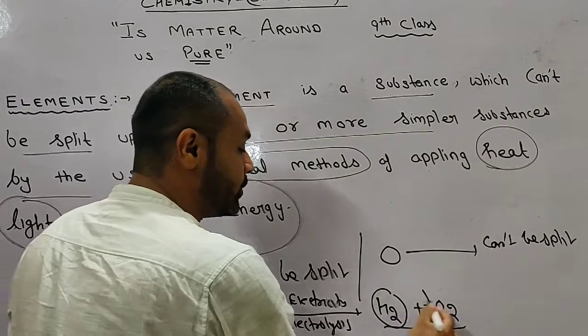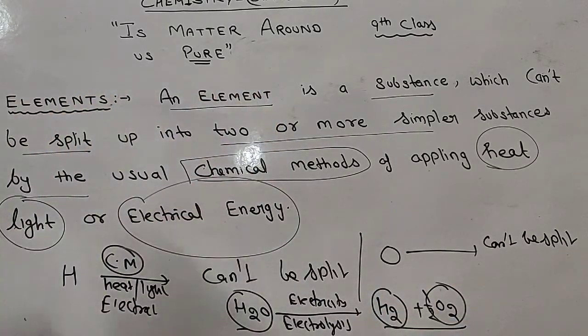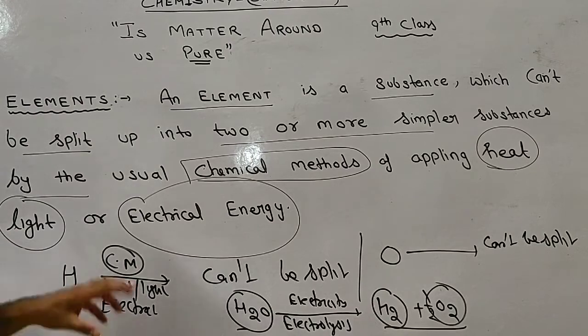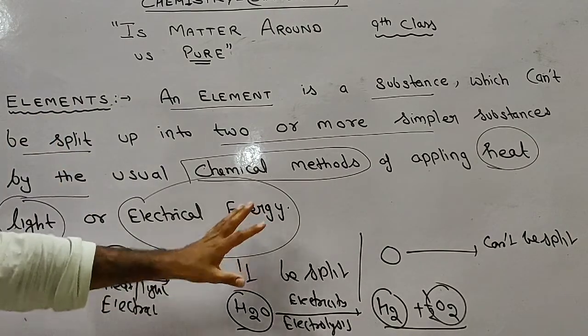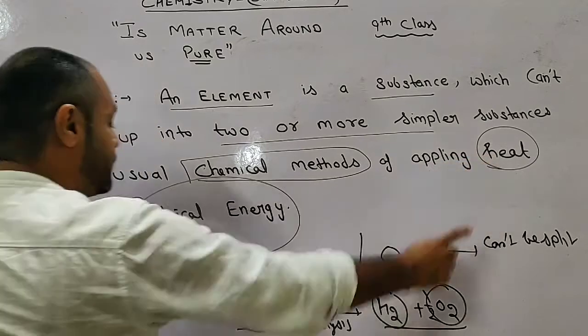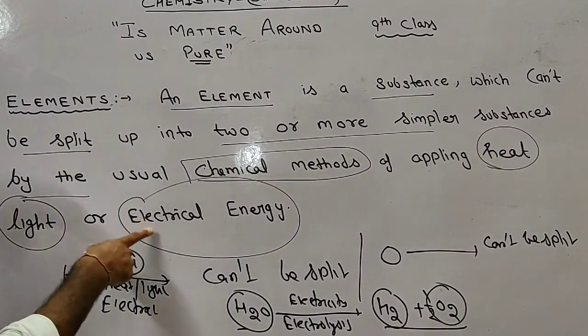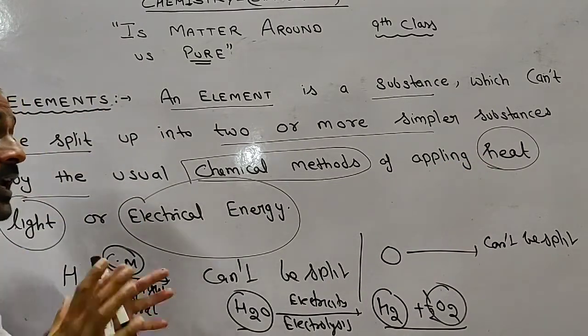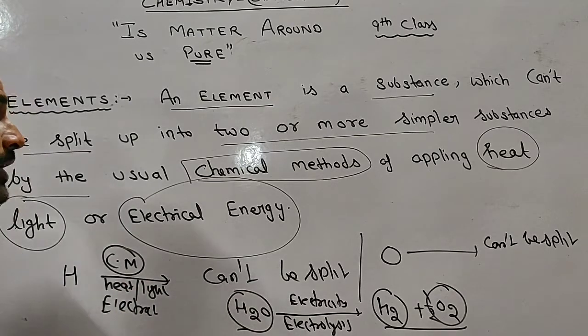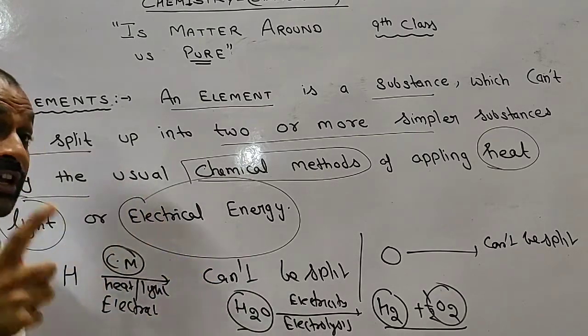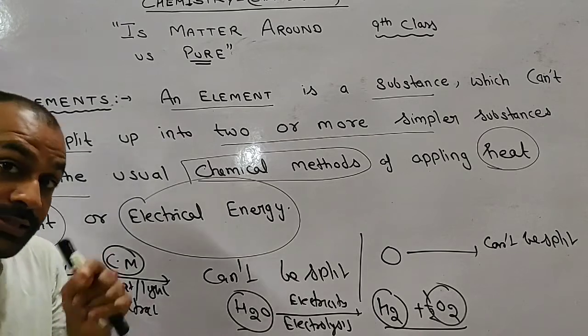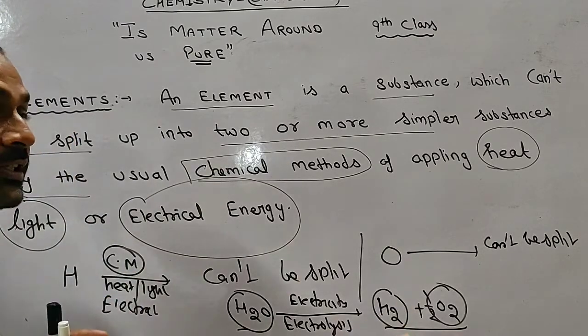into hydrogen and oxygen. But what is happening when we are talking about hydrogen? When we apply any chemical method like heat, light, or electricity, it cannot be split any further. If it is an element, it will not be split any further.